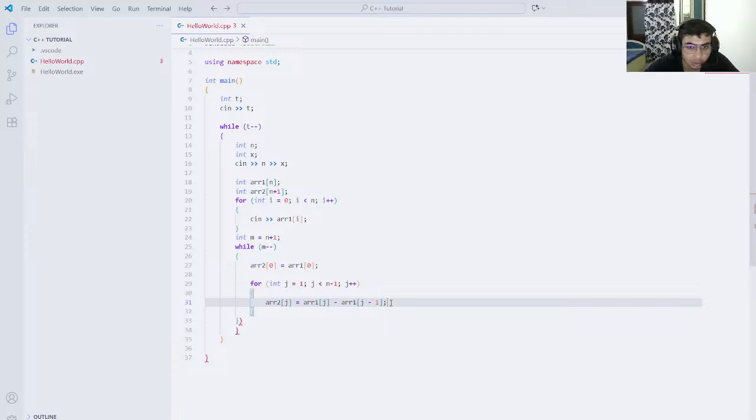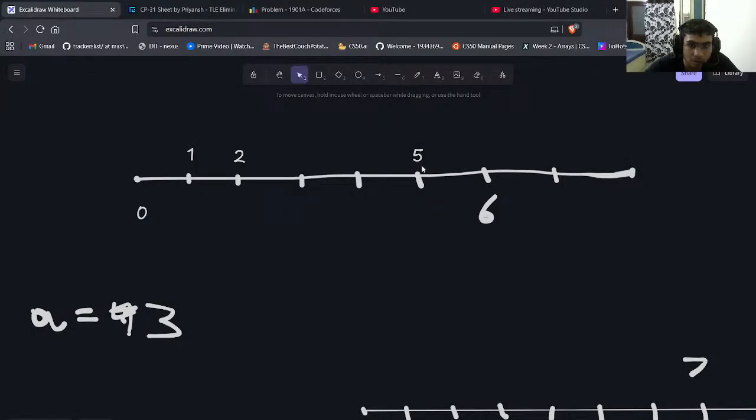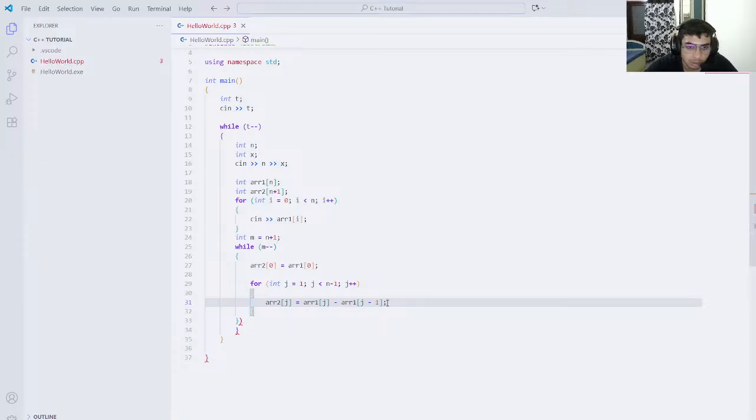Okay, now it's doing right. And considering n is equal to 3, it will run till j is equal to 2. And the last one is going to be ARR2[2] equal to ARR1[2] minus ARR1[1], which is 2, 1, and 0, 1, 2. So this is right as far as I can understand.